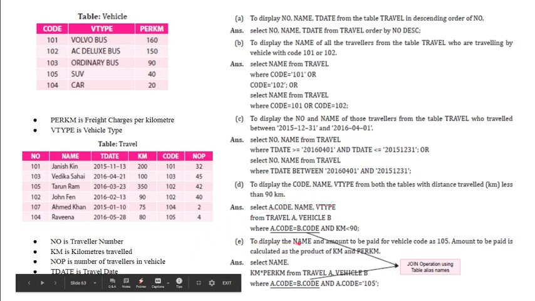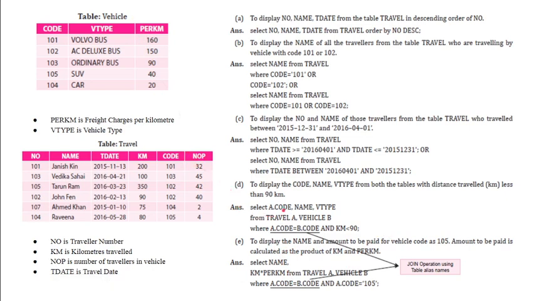Next, to display the name and amount to be paid for vehicle code as 105. The amount to be paid is calculated as the product of kilometer and per kilometer. Here also data from both the tables are needed, so we need equijoin.